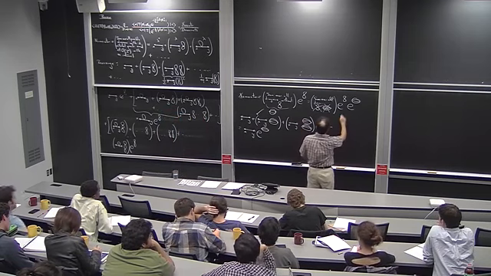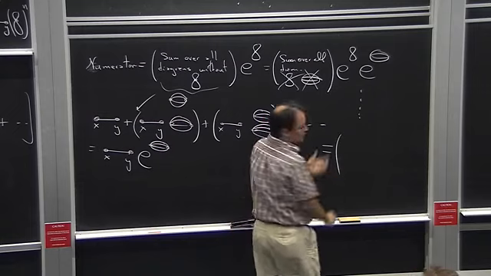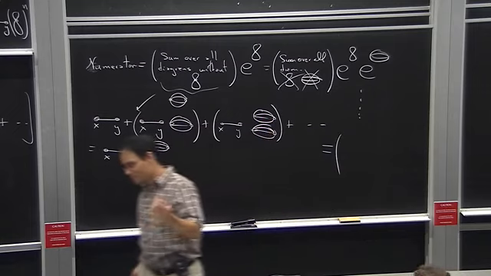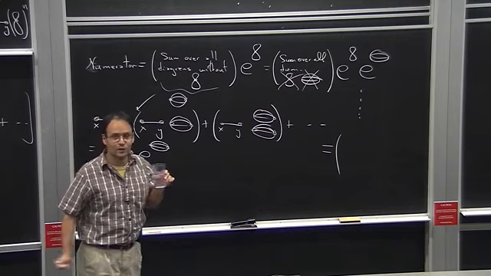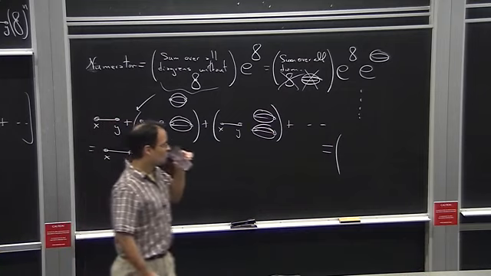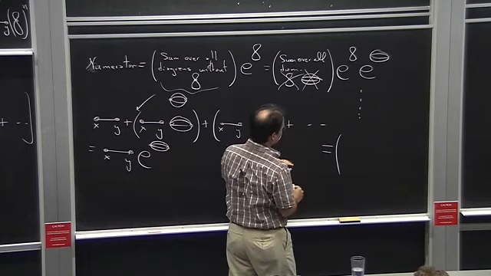So we keep going, and then you will end up at some point in, well, probably never, right? So you will never end because there is an infinite number of vacuum diagrams. But we can imagine that we finish this process.